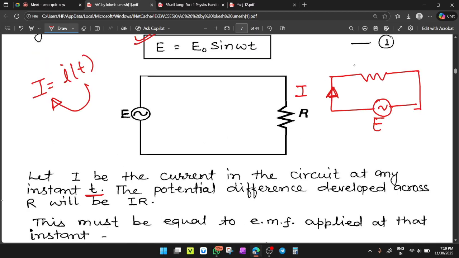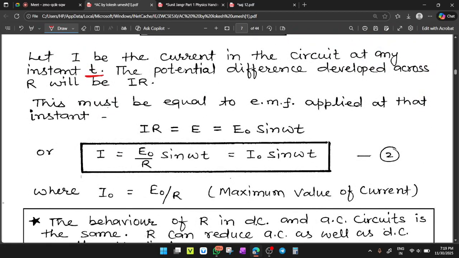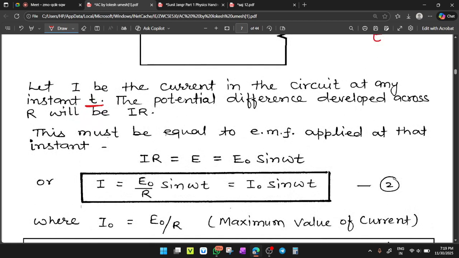So the potential difference developed, V equals I into R by Ohm's law. Clear? So the potential difference developed across the resistance equals I into R.